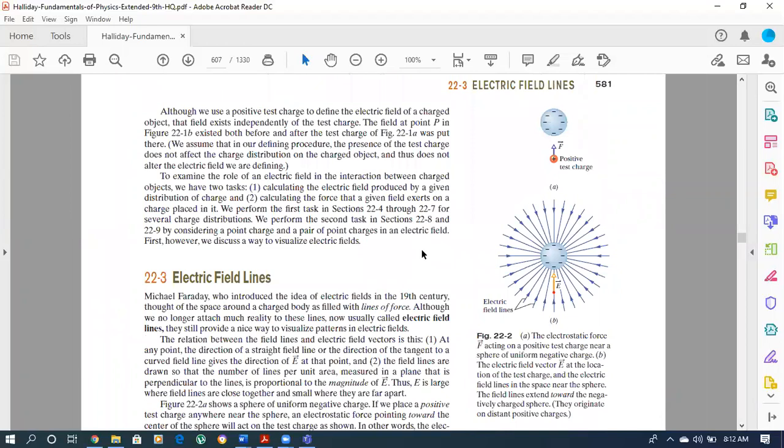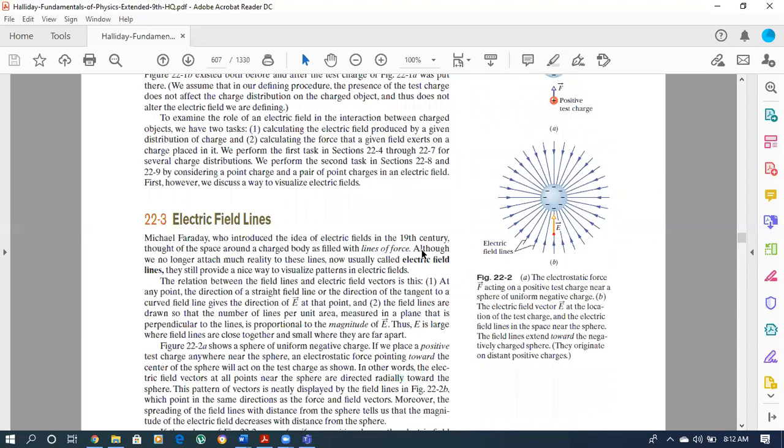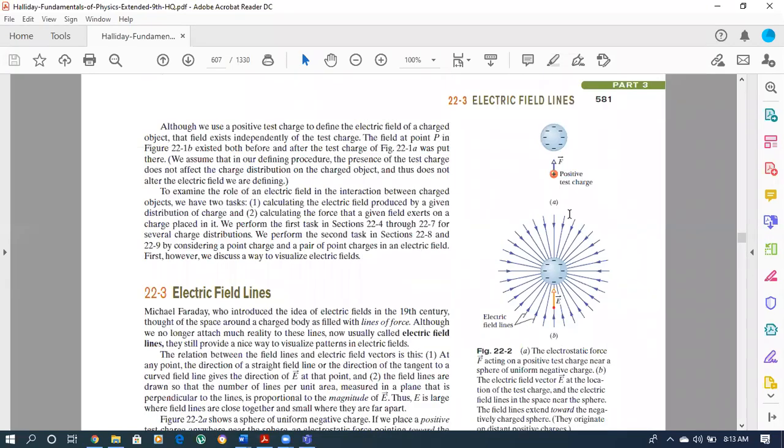But how to represent the electric field? The usual representation is electric field lines for a positive charge. Suppose there is a sphere of negative charges. What will happen when you bring some negative charge nearby? Certainly, it will feel repulsion.